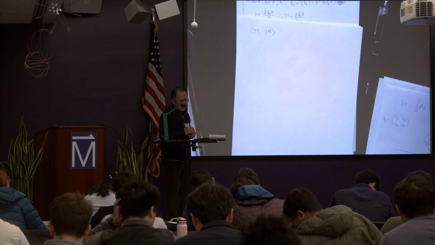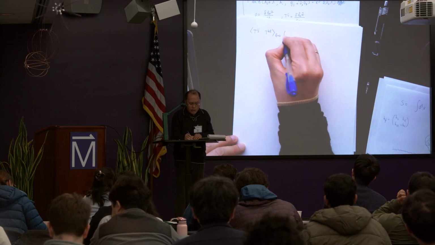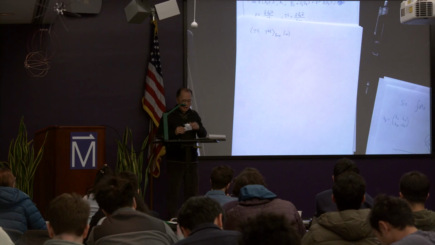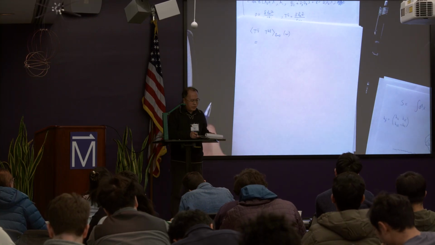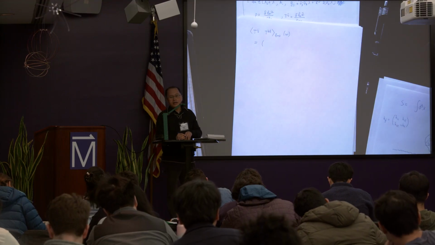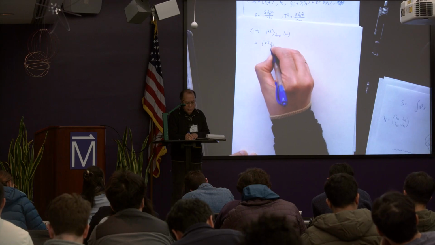And let me put the momentum to 0 just for simplicity. Now it's a function of omega only. Now there are 2 possible structures consistent with rotational symmetry that I can write down.